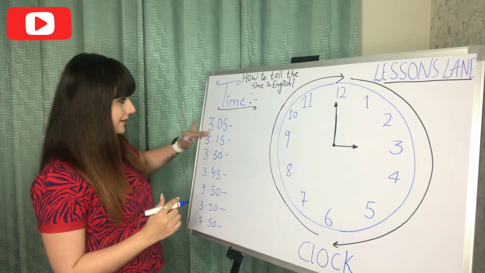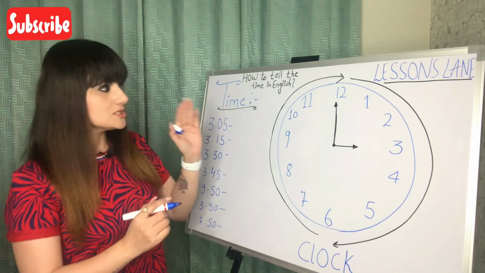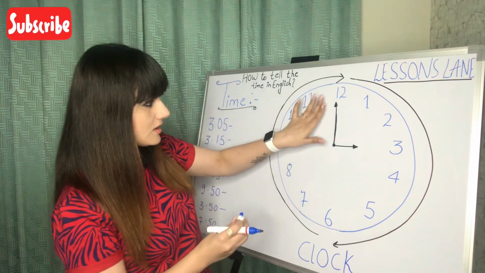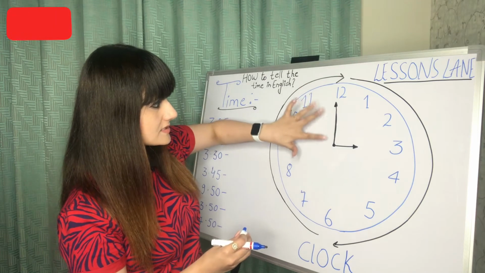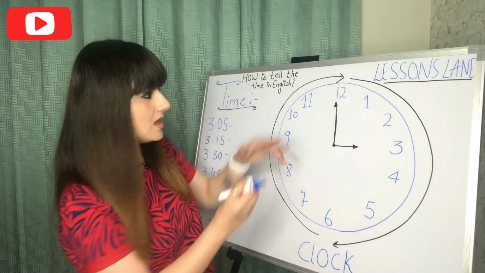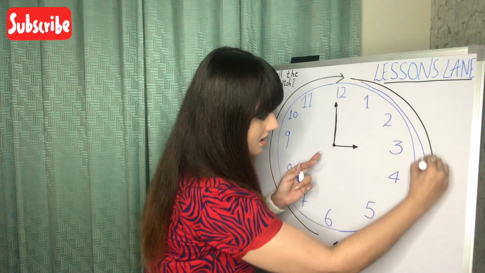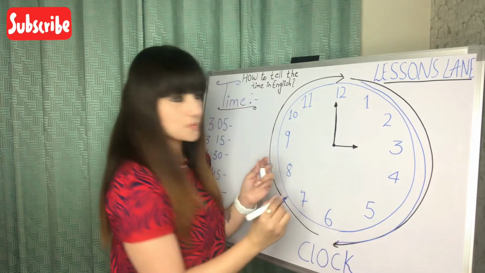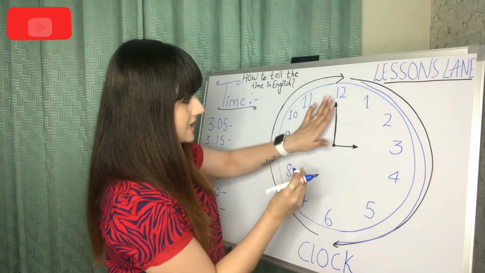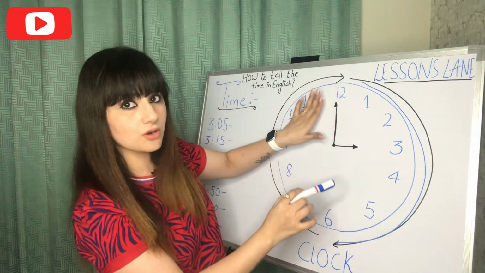So here I have 3:00. When I talk about the minute hand, and we move it around this way, when it's here, it's 3 o'clock right away.